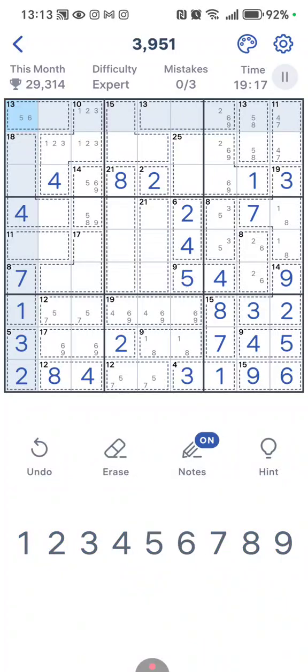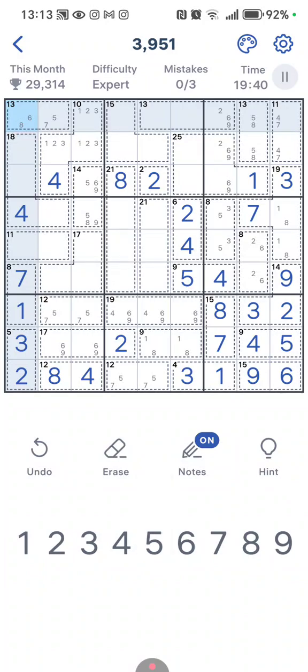So it's 5, 6, and 8, and it can't. So 7 means it can't be 6, and it also can't be 8. So 5, 7, and 8. So then that can't be 8.